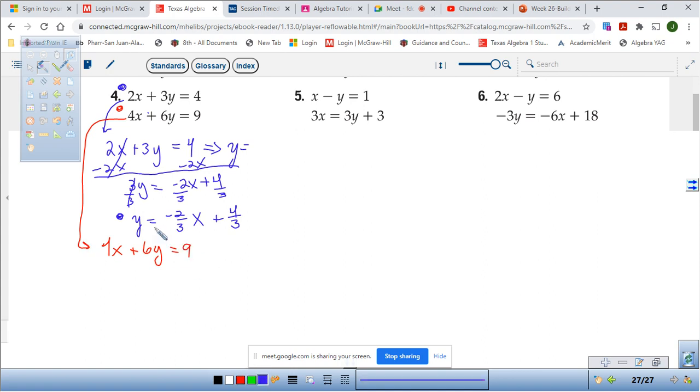And we're going to change this y to the one that Valeria figured out right here, and plug it in right there. And that's it. Distribution, okay, fractions.